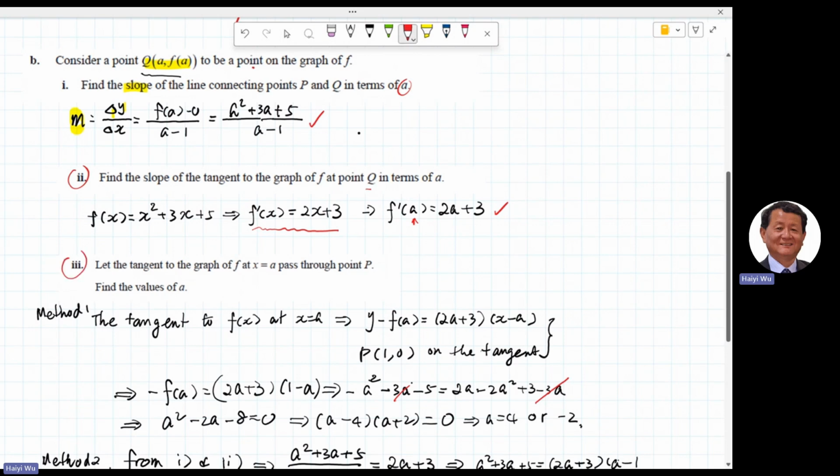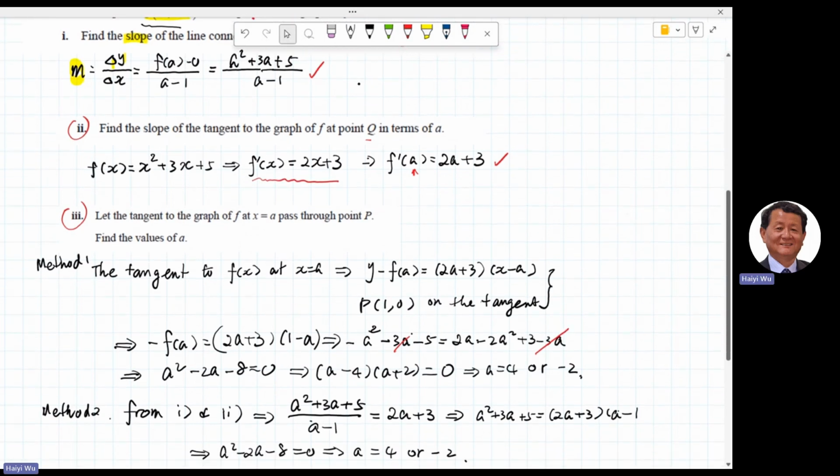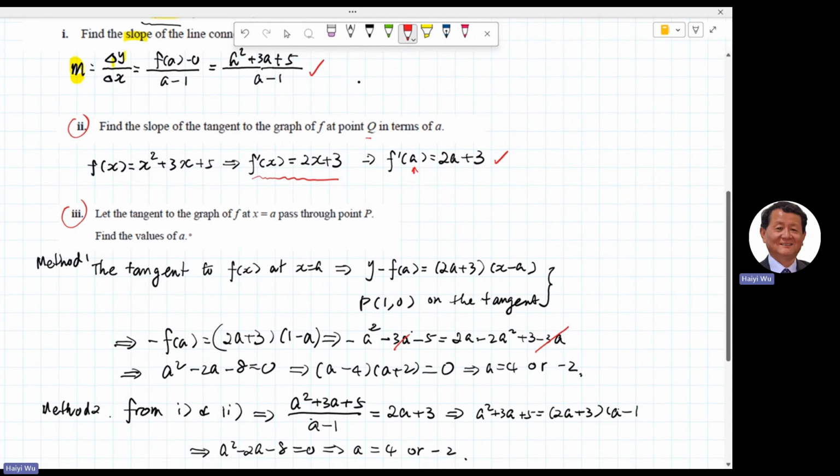Question 3: let the tangent of the graph at x equals a pass through P. So what should a be? Method 1: the tangent at a, we use the gradient and point formula, y minus y1 equals m times x minus x1. The gradient is already given at a, y1 is f(a), and x1 is a.